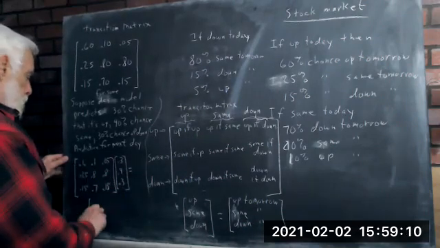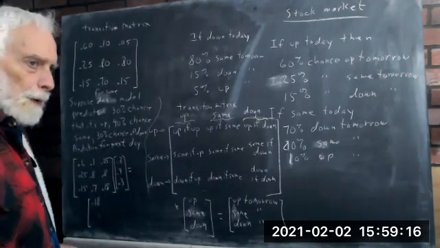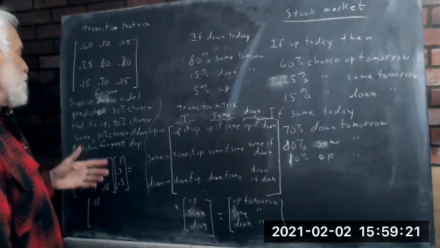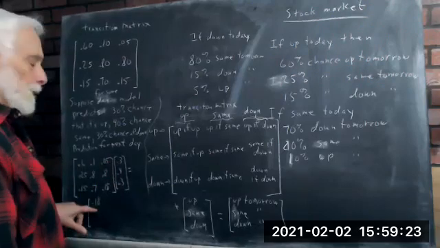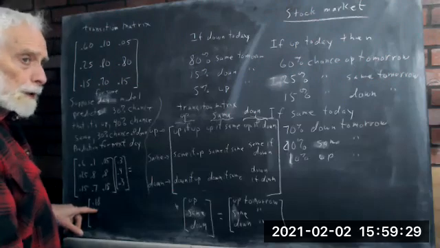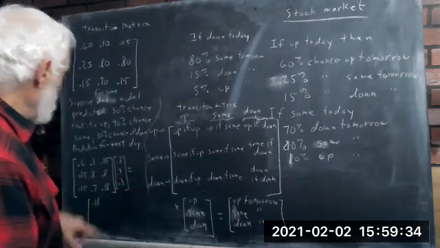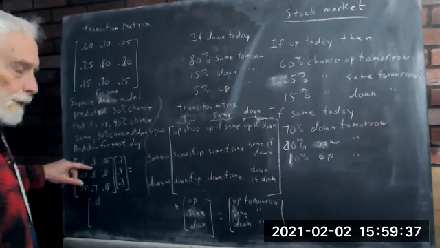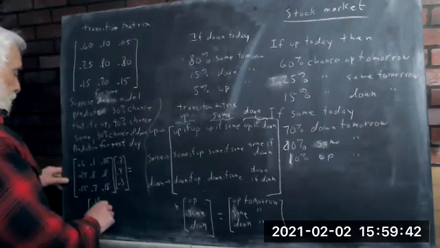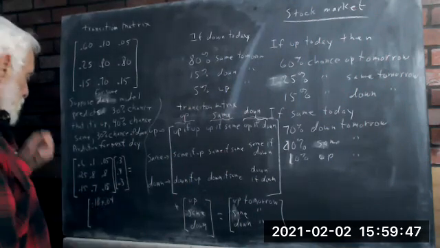Well, 0.6 times 0.3 is 0.18. And that's the number that contributes to the probability that it'll be up tomorrow, if the 30% chance of being up today hits. Now, there's a 40% chance that it's going to be the same today. And if it is, there's a 10% chance that it's going to be up tomorrow. 10% chance of 40% is 4%, or 0.04.